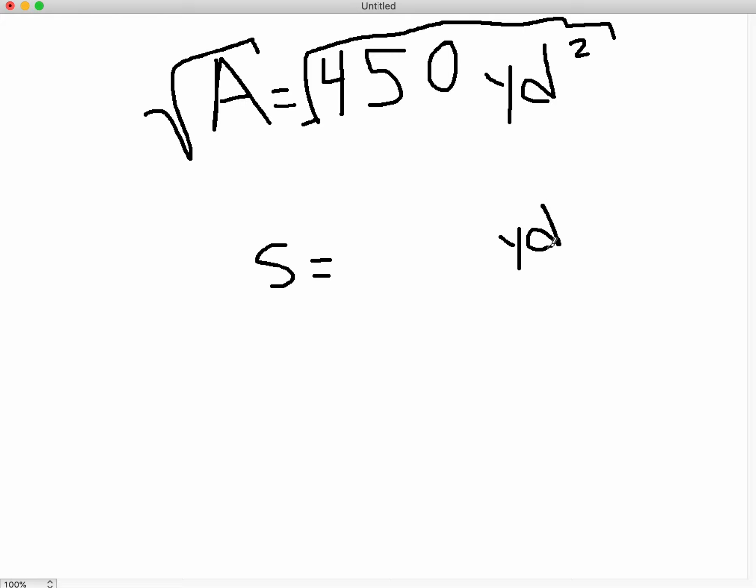So when I take the square root of 450, I'm going to, again, check the directions, and see how they want me to round my decimal, or do they want me to leave it as a root? And I get roughly 21.231. So make sure that your units are appropriate for the area that you're finding.